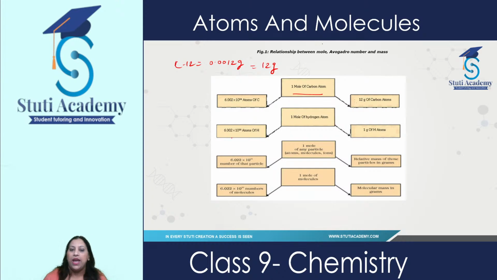Similarly, 1 mole of any particle, that can be any cation, anion, anything, is again the relative mass of the particle in grams. So we can represent mole by gram also. Instead of writing mole, we can write gram. Suppose 20 mole of calcium, or in place of this we can write 20 gram of calcium, and they both are equivalent to Avogadro's number, 6.022 into 10 raised to power 23.